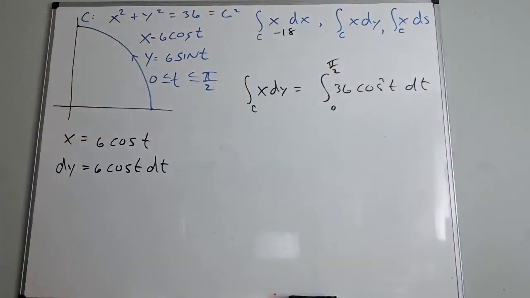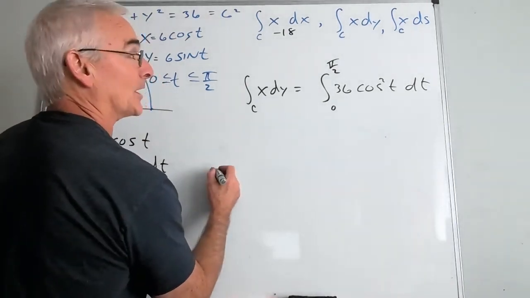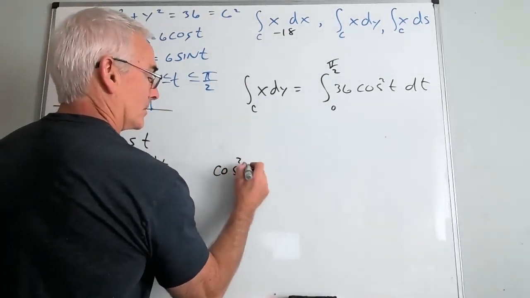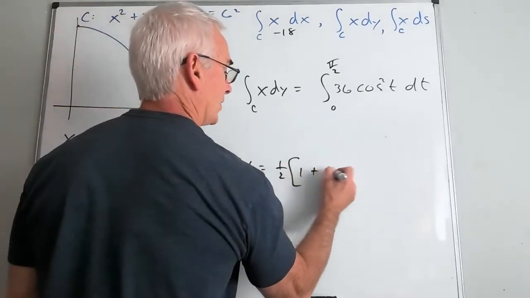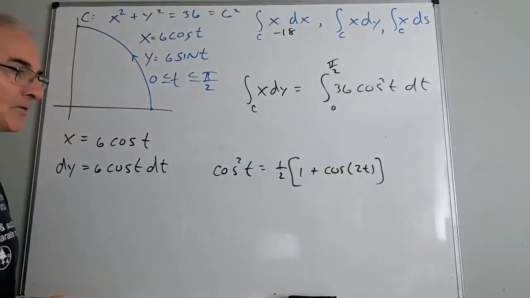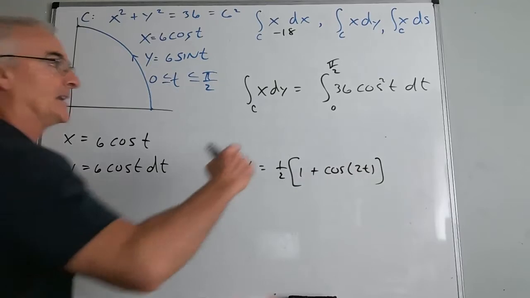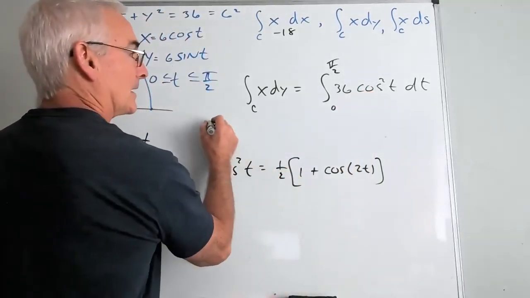Now, we don't love sine squared and cos squared because it means I have to use a double angle formula. Just to remind you, cos squared t is 1/2 of 1 plus cosine of 2t. That's the double angle formula in reverse. I need to replace this because otherwise I can't integrate it.